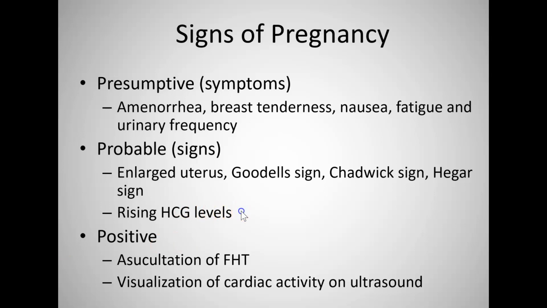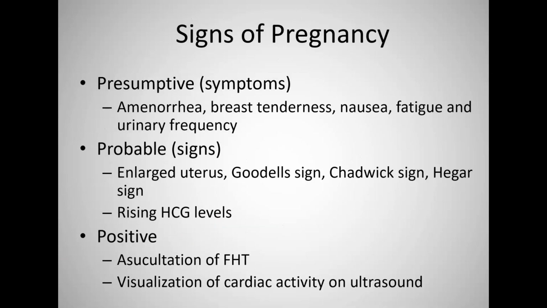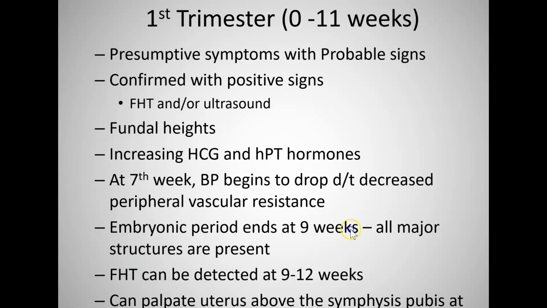And then, of course, I told y'all about the rise in hCG levels, the human chorionic gonadotropin levels. So I'm going to emphasize this once again, you guys, that I really, really want you to remember the signs of pregnancy: presumptive, probable, and positive. Know the difference between presumptive, probable, and positive signs of pregnancy.